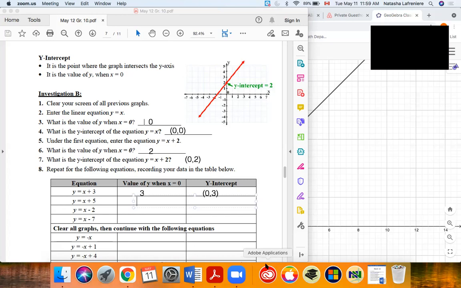Now if we look here, this is 5. Our y-intercept becomes 0, 5. The sign that's in front of the number stays with it. So this would be -2. So it'll be 0, -2. Okay. And this one would be -7. So 0, -7.